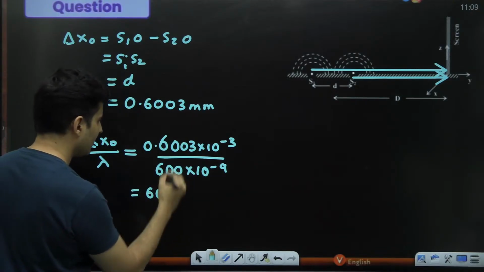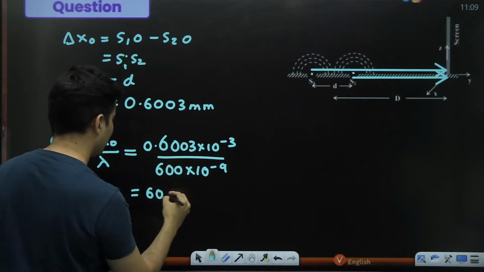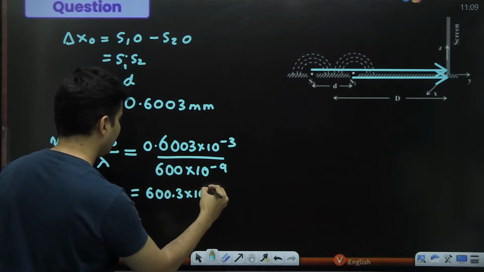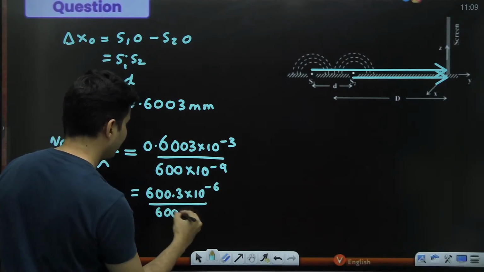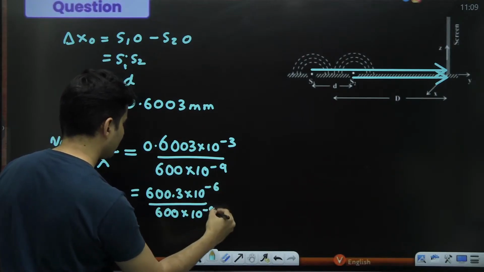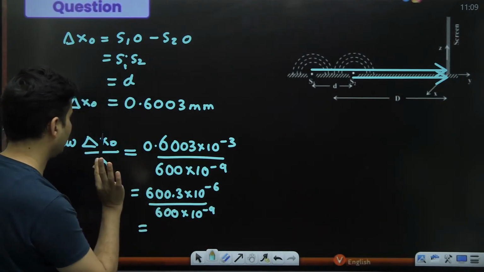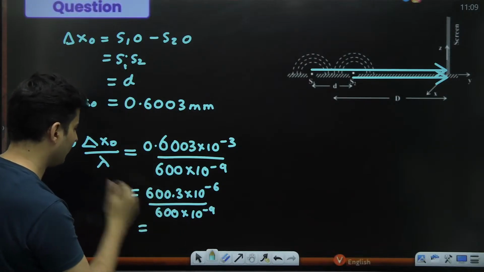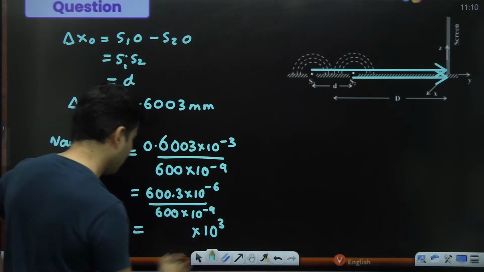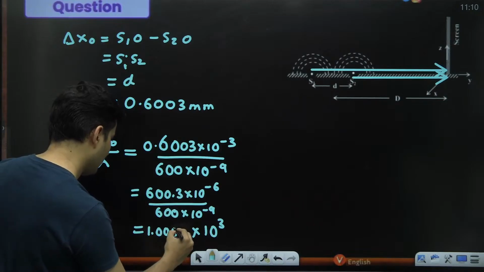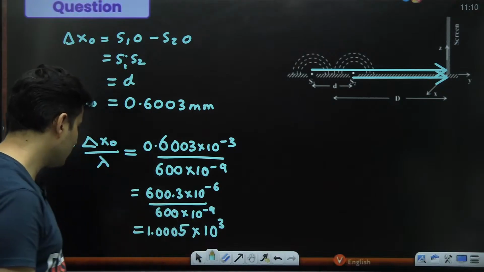So this will become, if I shift it, 0.3 multiplied by 10 to the power minus 6 divided by 600 multiplied by 10 to the power minus 9. Just check it out. This will become 10 to the power 3, 1000.5.